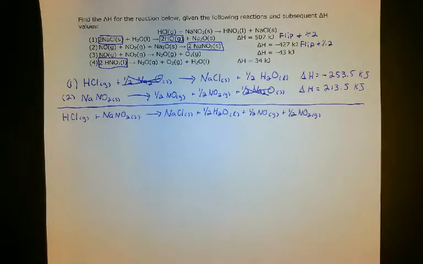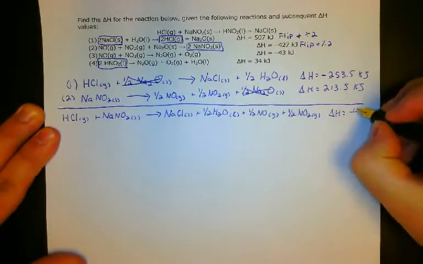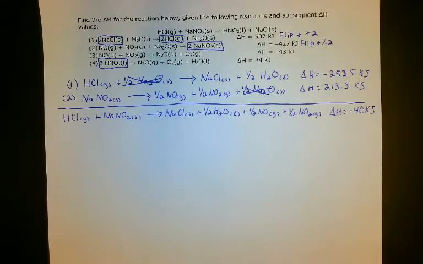So that's where we're at so far. Now, we can also get our enthalpy change difference. I can just add those two together. Negative 253.5 plus 213.5 should give me an enthalpy change currently at minus 40 kilojoules. So that means at this point we're releasing 40 kilojoules of energy.